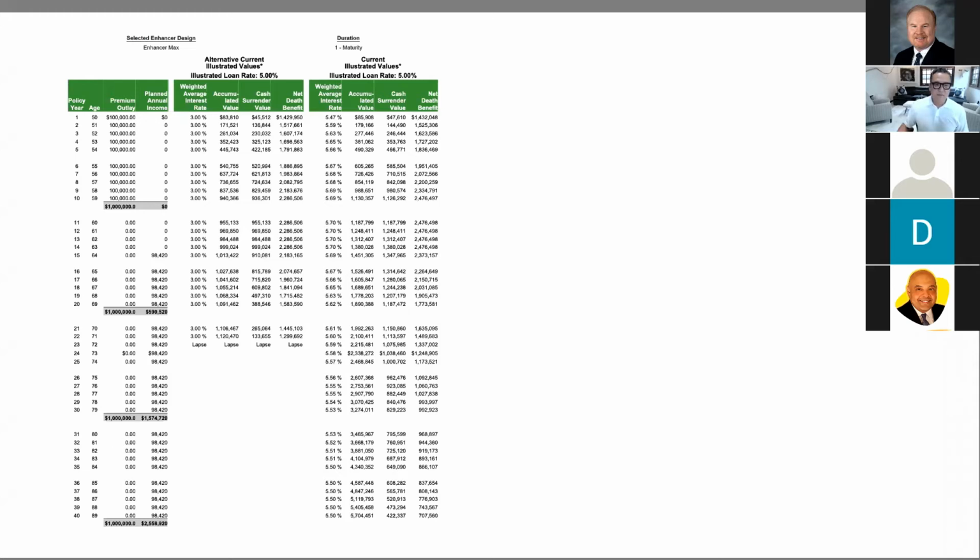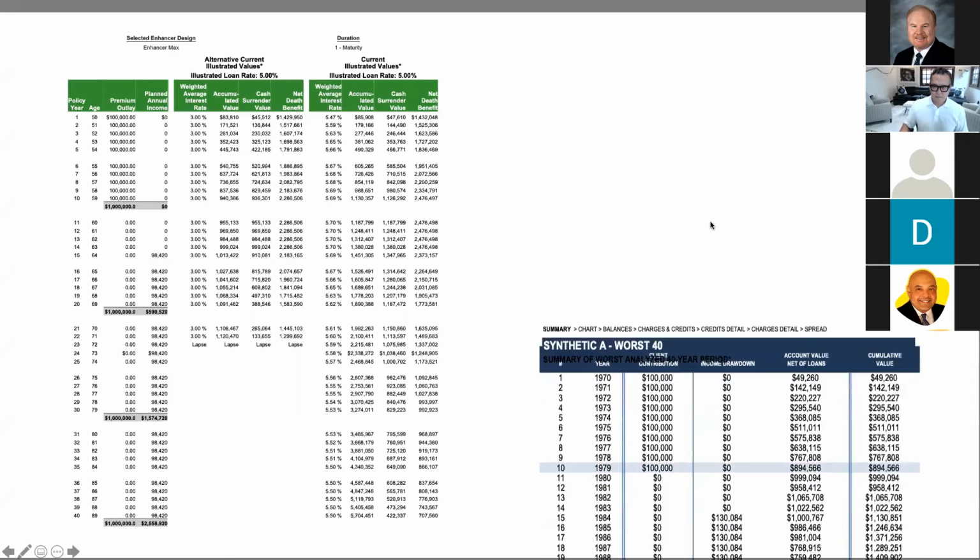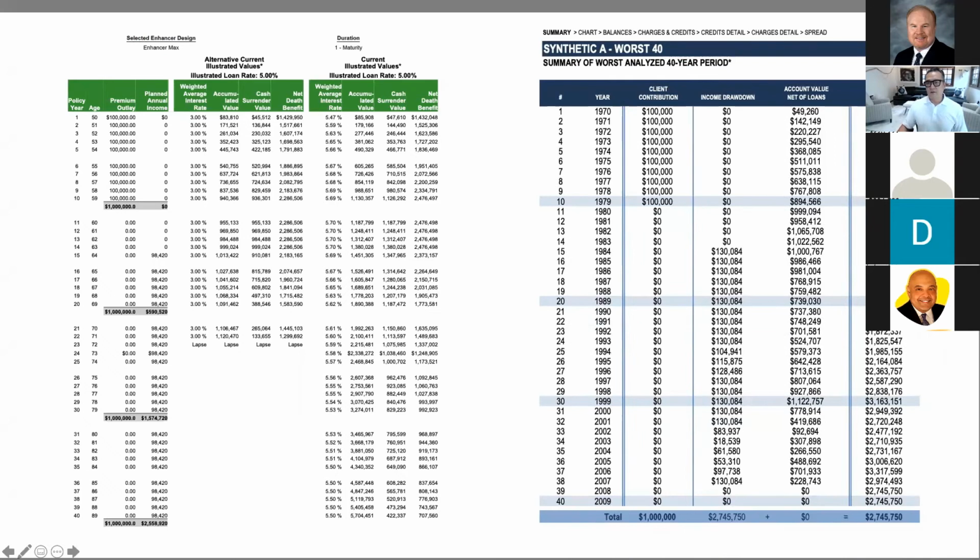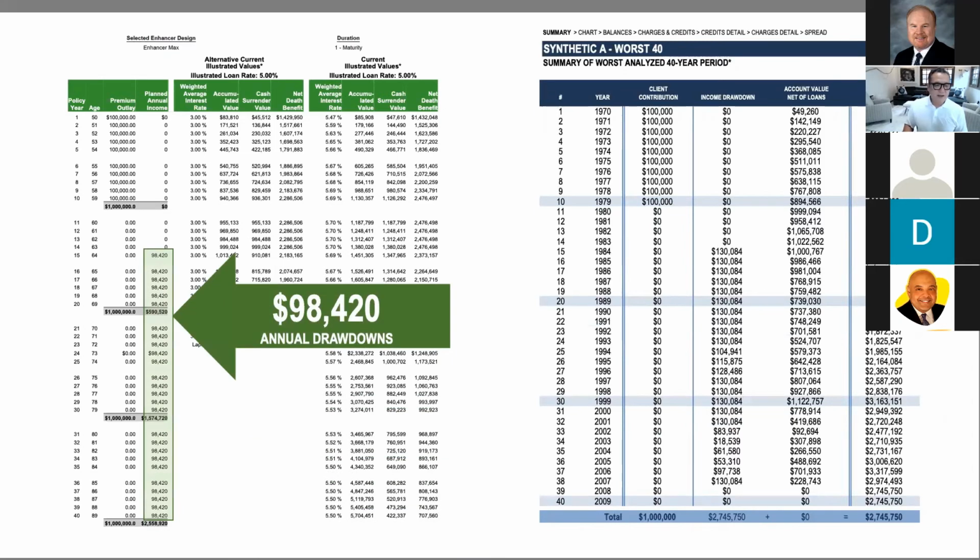All right, we go to the worst. I'm going to compare the worst 40-year period using the enhancer max multiplier design. We got 98,000 coming out in the carrier illustration.